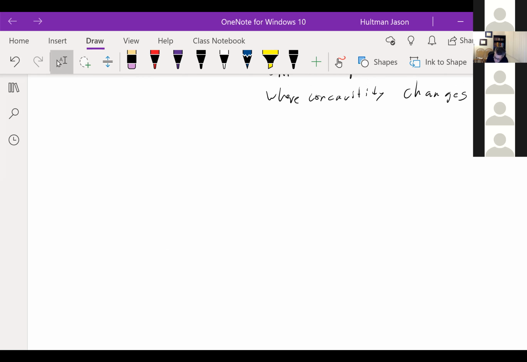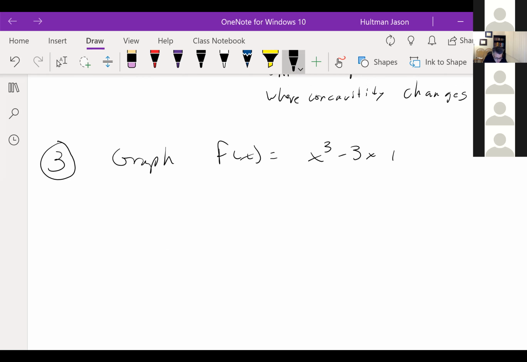Okay, number three. Okay, let's graph. f of x is equal to x cubed minus 3x, labeling all relative extrema and inflection points.